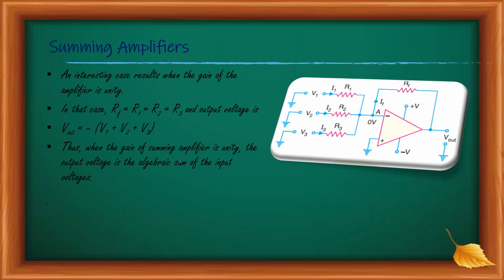The output voltage is now the algebraic sum of the input voltages. If we have to add more voltages, the additional resistance must be given. Okay.